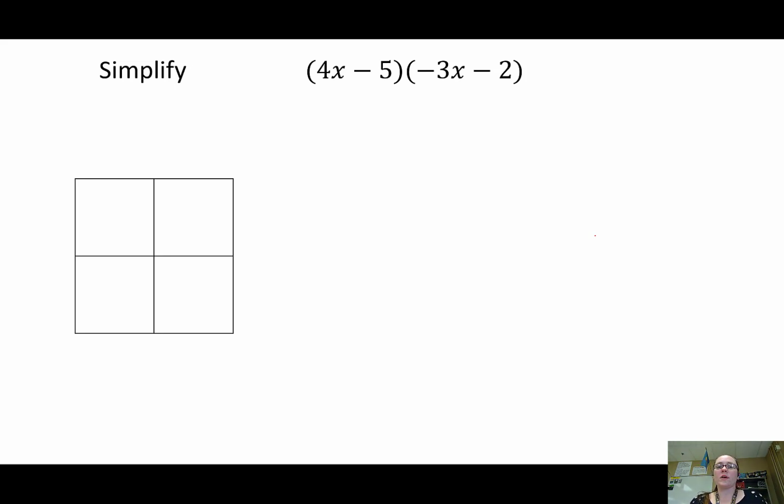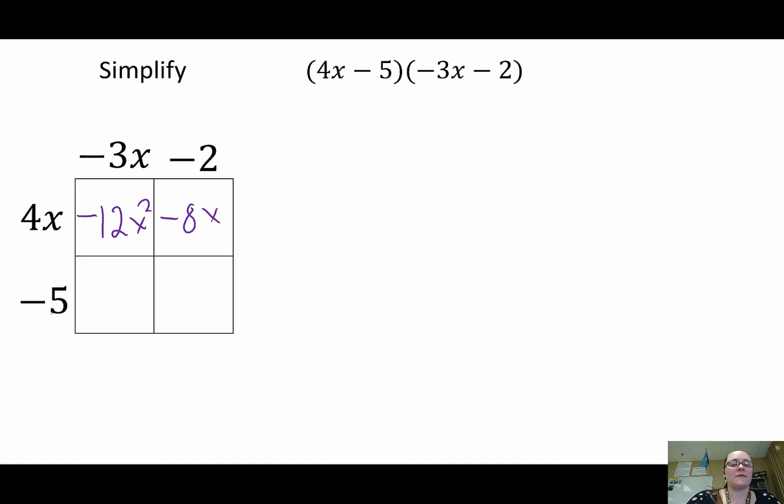All right, so I've got 4x minus 5 times negative 3x minus 2. So 4x minus 5 on the side, and negative 3x minus 2 on the top. So we get 4x times negative 3x, giving me negative 12x squared. 4x times negative 2 is negative 8x. Negative 5 times negative 3x is a positive 15x.